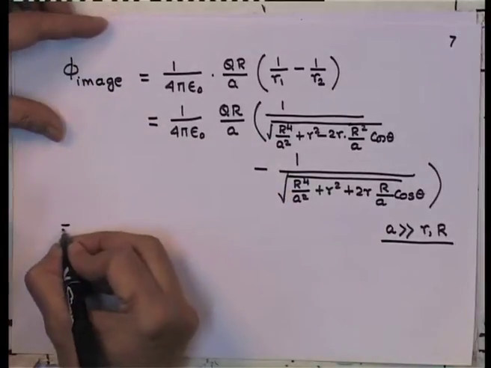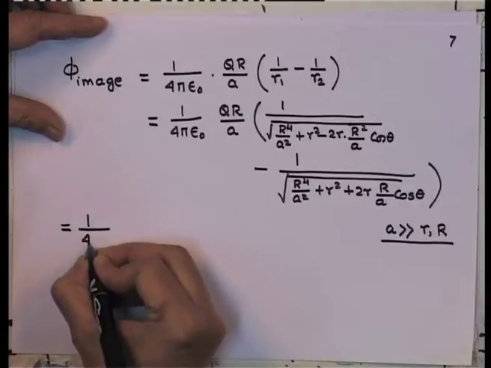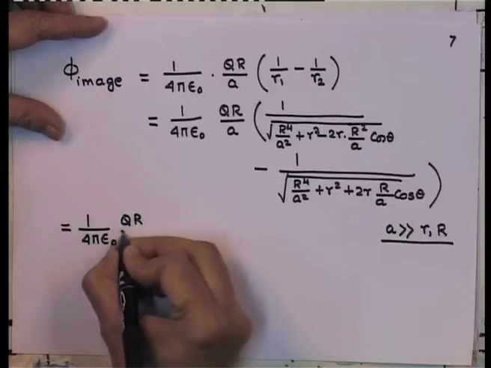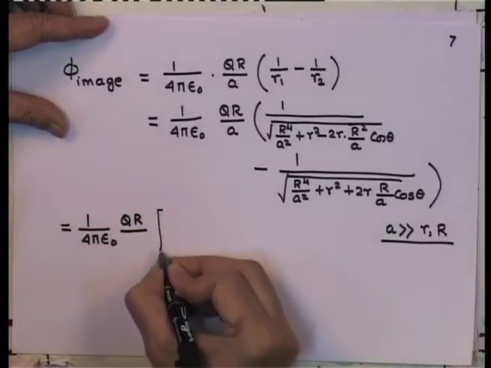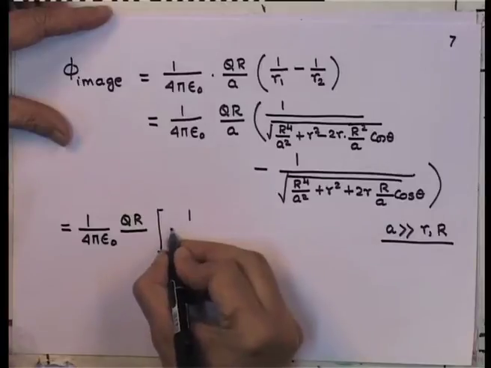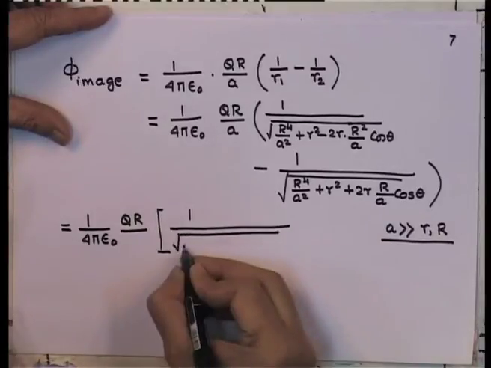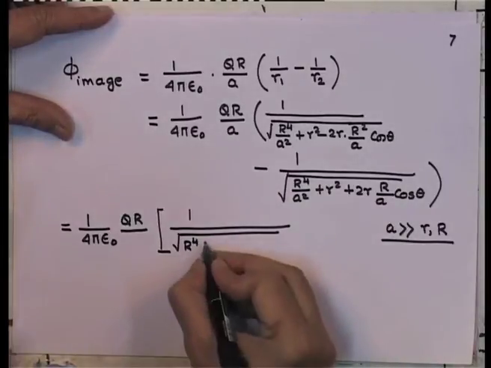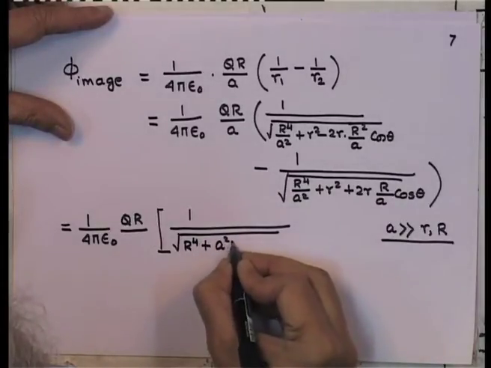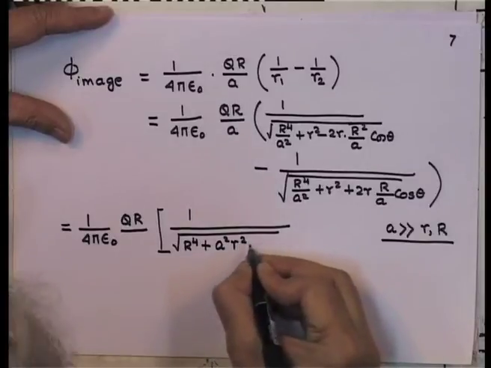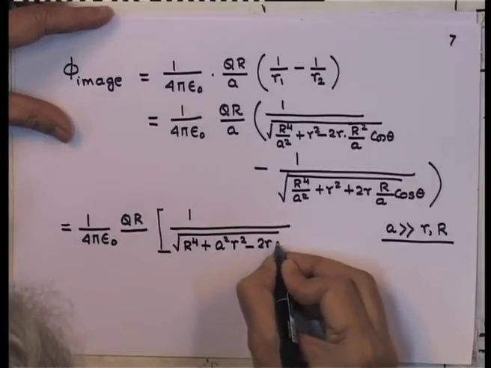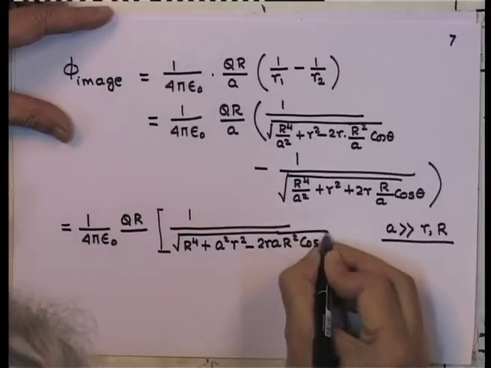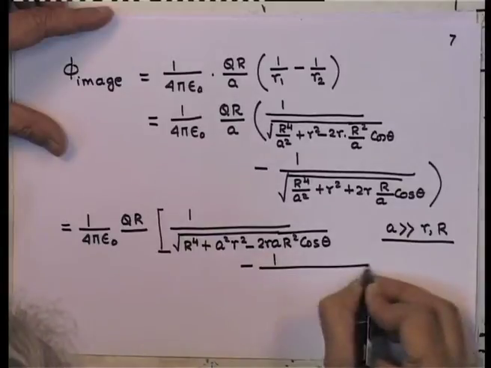So, the expression will be 1 over 4 pi epsilon 0 q r, let me keep this blank for a moment, and I have got 1 over square root of r fourth, multiplying the entire denominator by a square, plus a square r square minus 2 r a r square cos theta, and a very similar expression with a plus sign there.